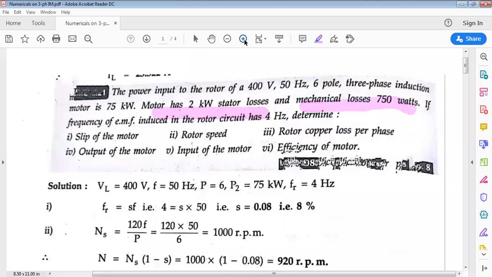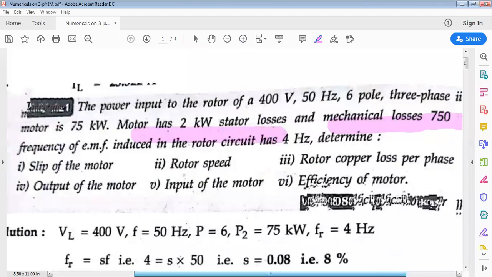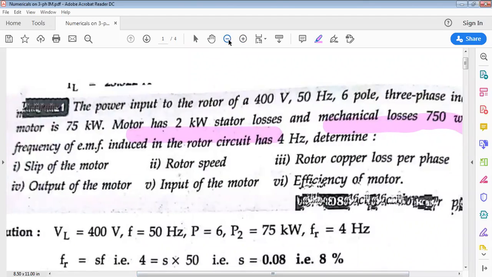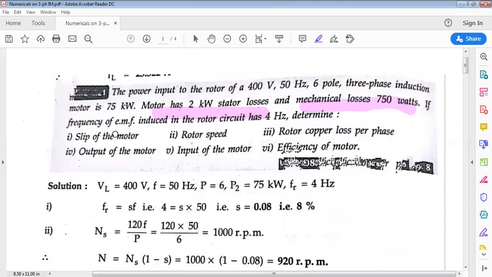The frequency of EMF induced in the rotor circuit is also given, 4 hertz. Input frequency you know, 50 hertz. Frequency of rotor is also given as 4 hertz.